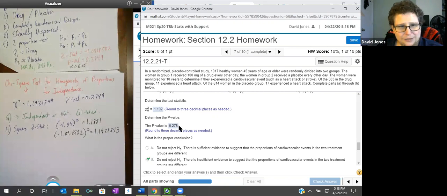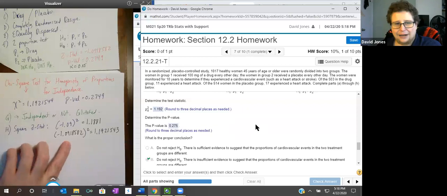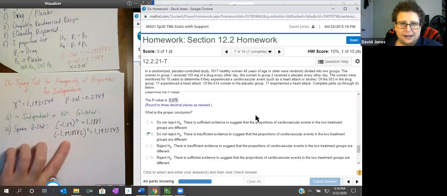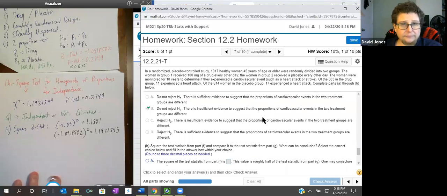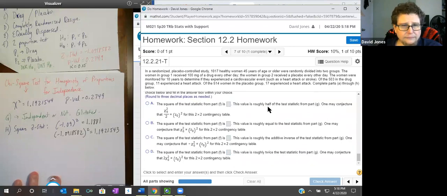This was a 4, this was a 3. And I'm betting it's because I don't have the full p-value, I have what it just showed on the screen. The square of the test statistic was roughly equal to the test statistic from part G. That looks like B is applying.